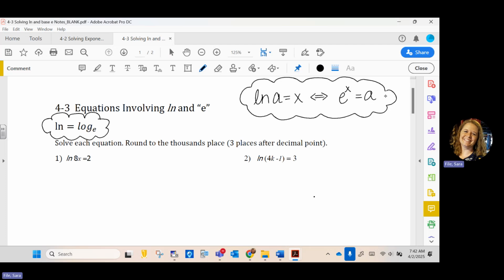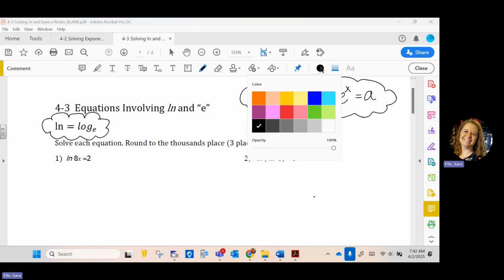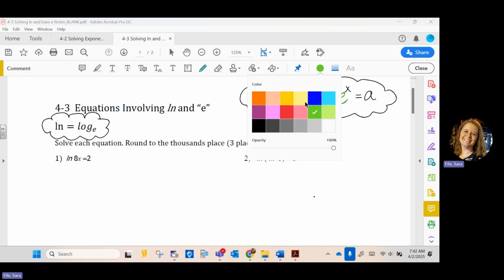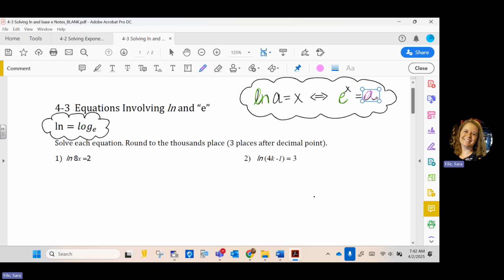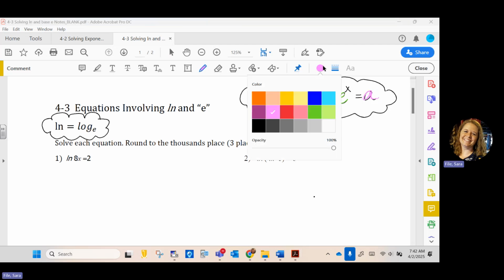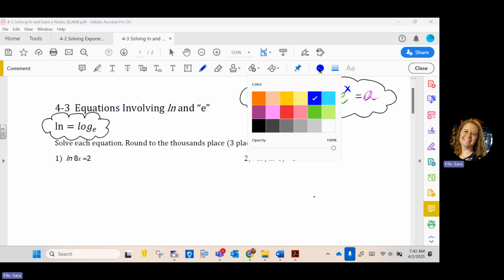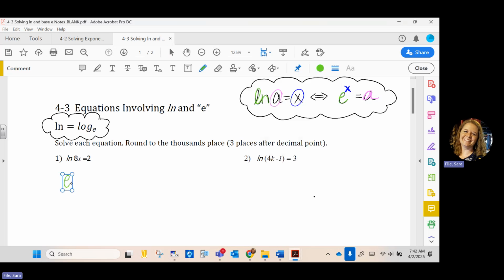Still that understood base e becomes the base of the exponential. Color code that. Because it's a natural log, I know it's a base e. And then the argument becomes what the exponential is equal to, and the exponent comes from what the log was equal to. So same conversion process. It's just a base e.